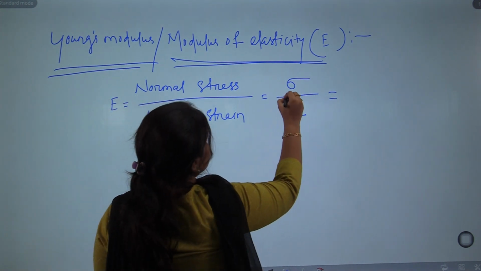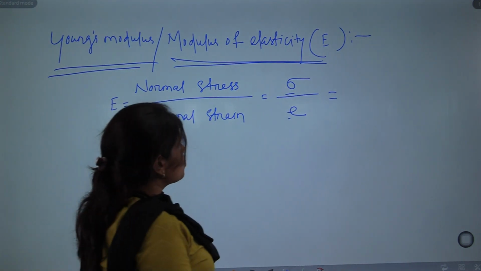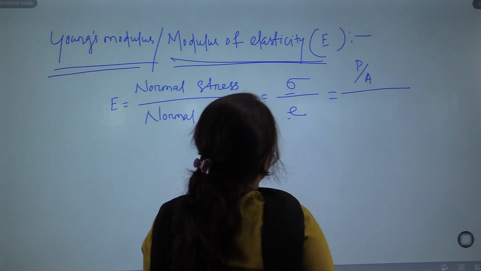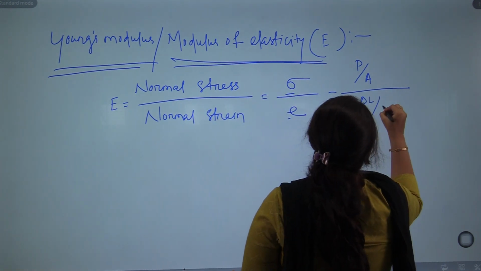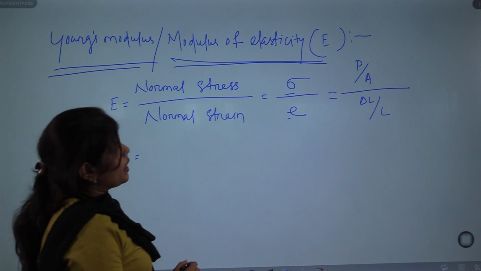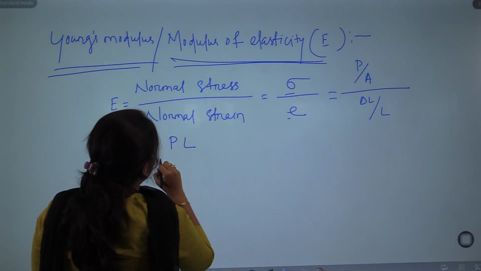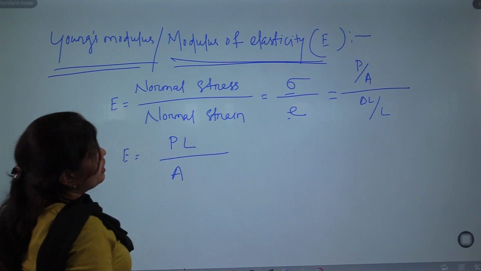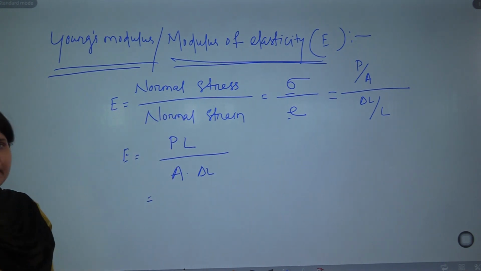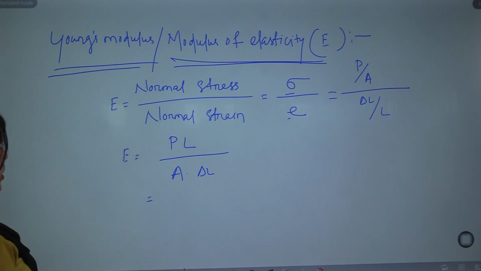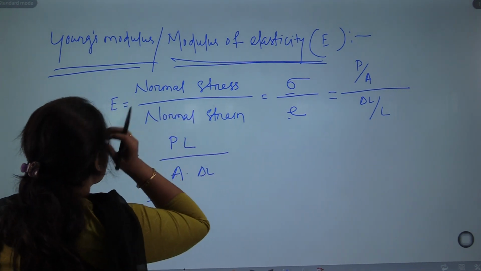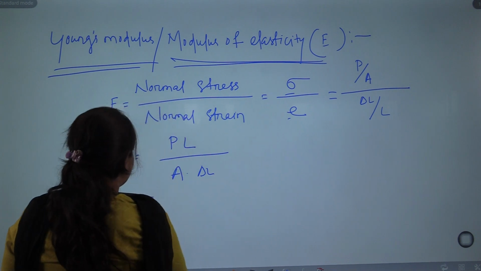How to find out stress and strain? We know that stress equals P upon A and strain equals del L upon L. So, E equals PL divided by A into del L. Now, we need to put those values. What is P?